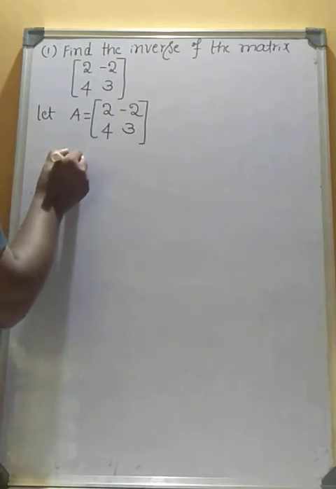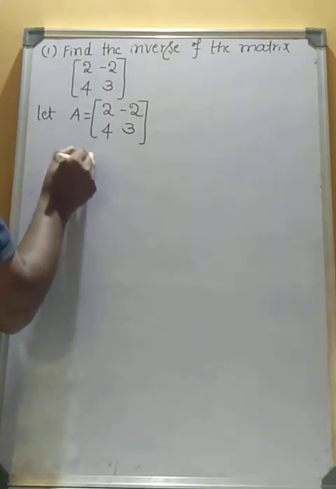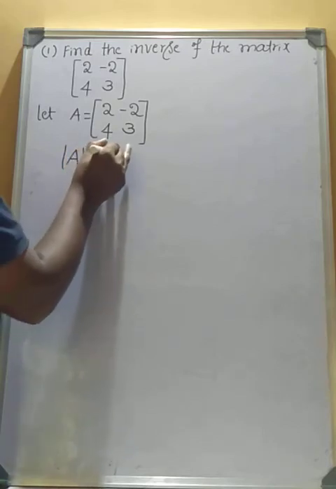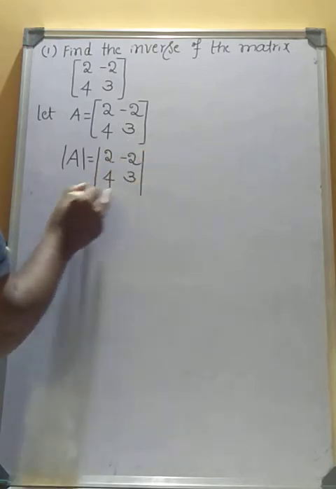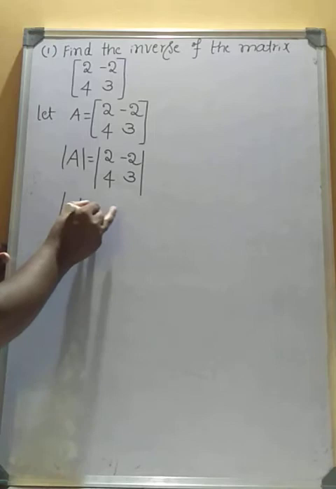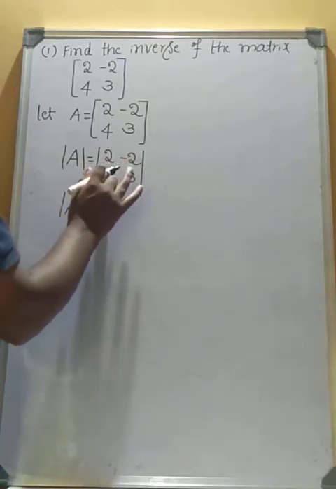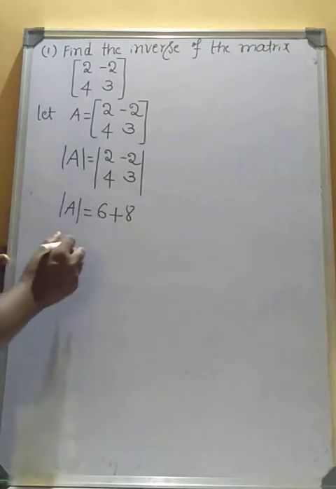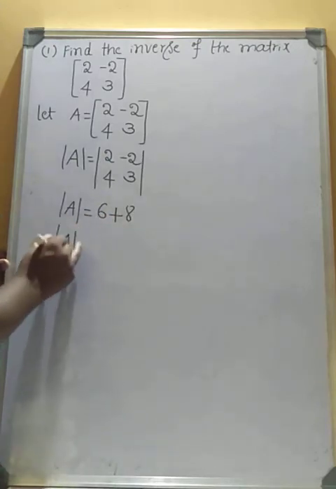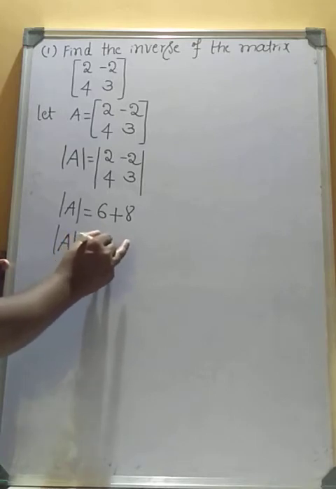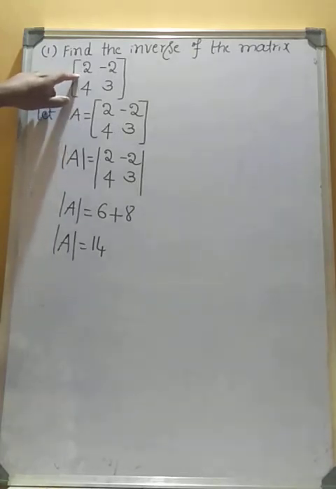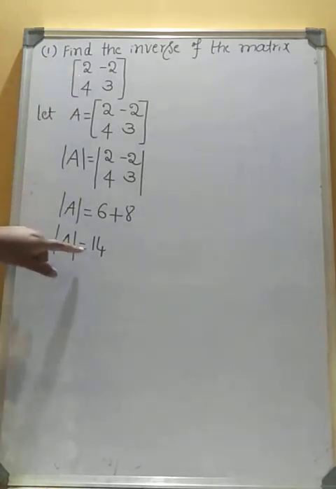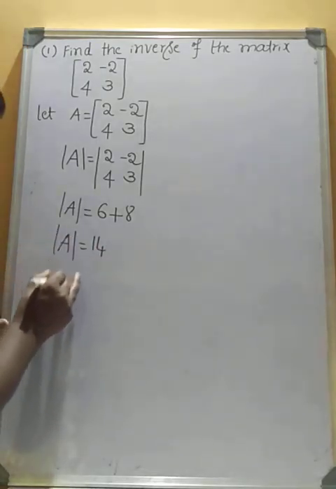So now first find determinant of A. Therefore, determinant of A equals 2 3s are 6 plus 4 2s are 8. Therefore, determinant of A equals 6 plus 8 is equal to 14. Therefore, the given matrix is a non-singular matrix, that is, not equal to 0. The next, find adjoint A.